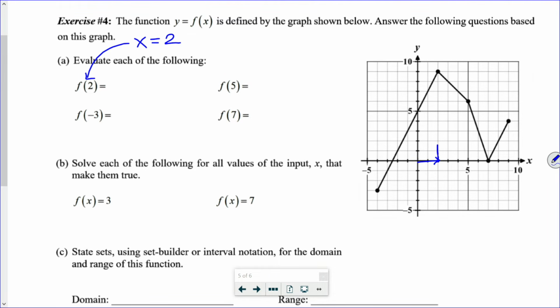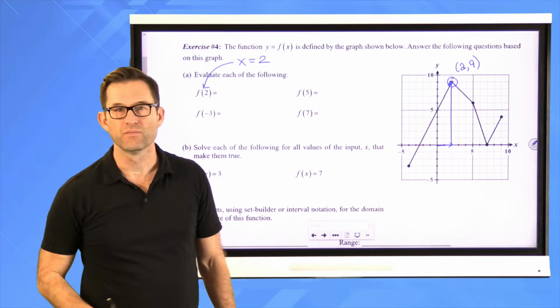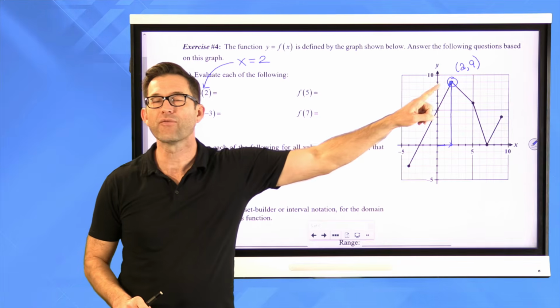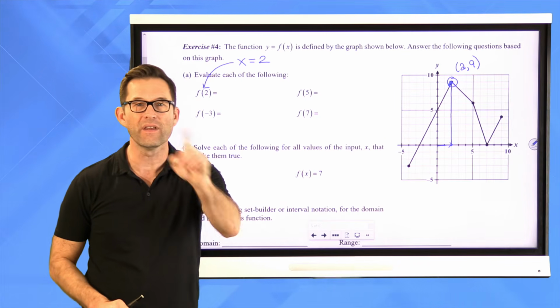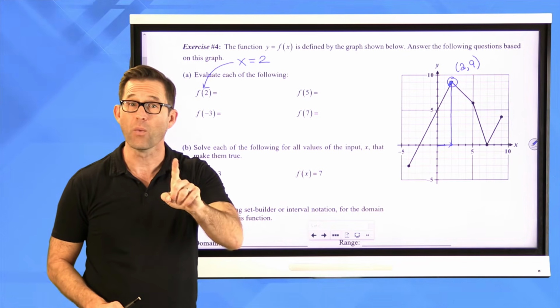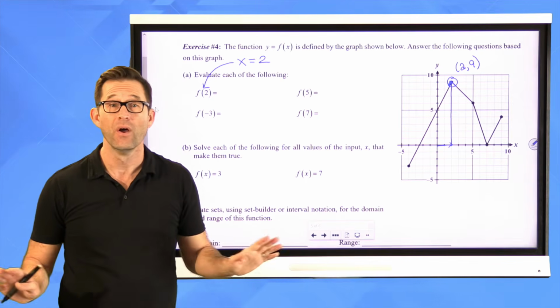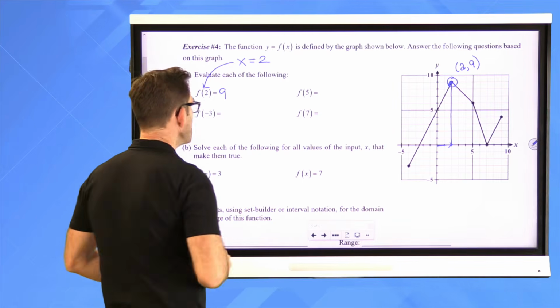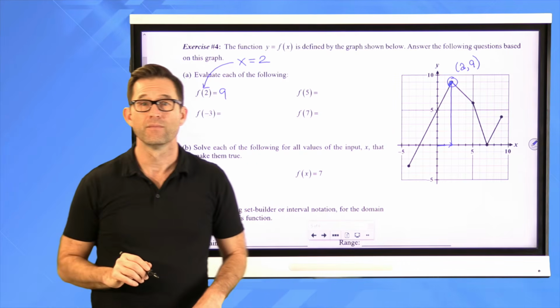All right, and then I go up and I find a point on the graph right here that's got an x-coordinate of 2, right? So when the x-coordinate was 2 on the graph, the y-coordinate was 9 and only 9, right? And it could only be one y-coordinate for that x-coordinate, or this wouldn't even be a function. So f of 2 is equal to 9, right?